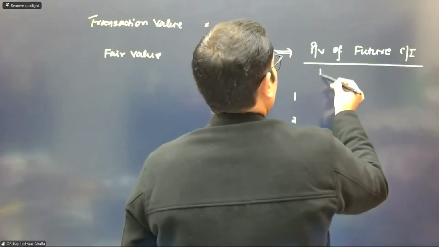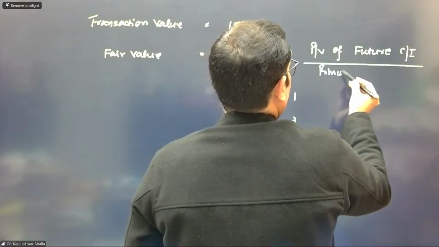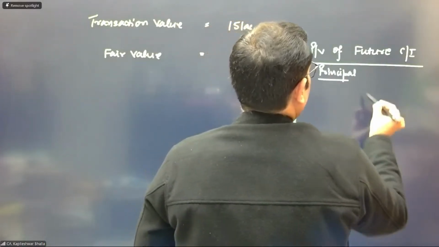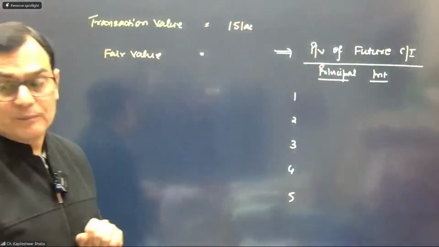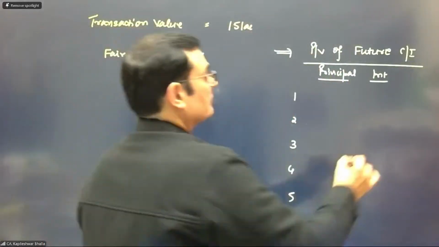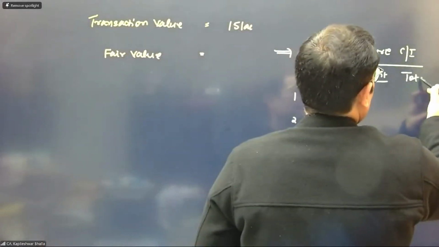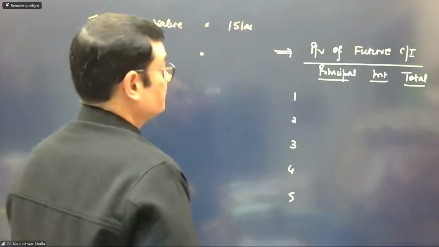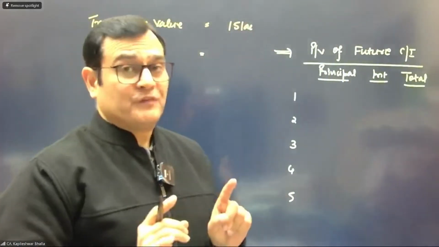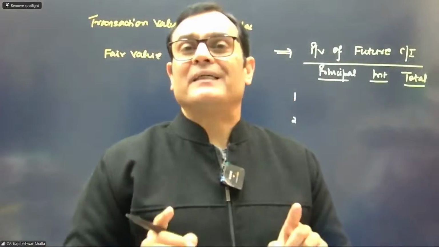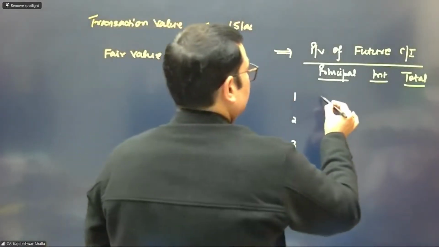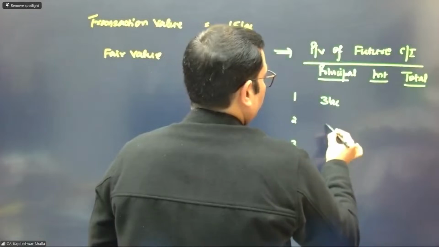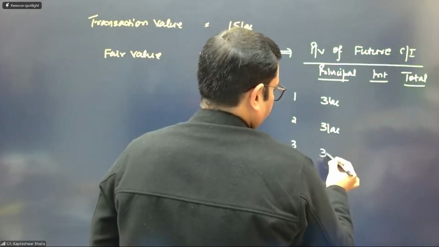There is going to be a principal amount received, which is equated, and there is an interest which you're going to receive. So we get the total money and then we do the discounting. Now, the loan is for 15 lakh rupees, and this is paid in 5 equal installments. That means every year you are getting a principal of 3 lakhs back.